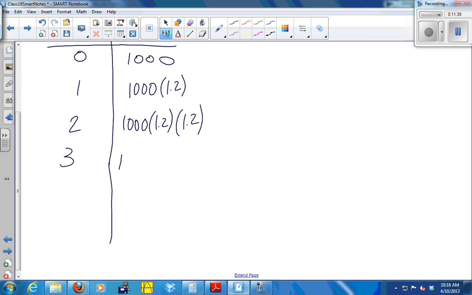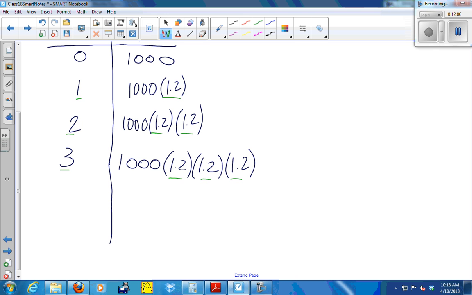Year 3, I do 1,000 times 1.2 times 1.2. That's what I had in year 2. And then you multiply by 1.2 again to increase by 20% for year 3. So then you keep doing that, and you see that the number of 1.2s always matches the n, right? 3 1.2s.